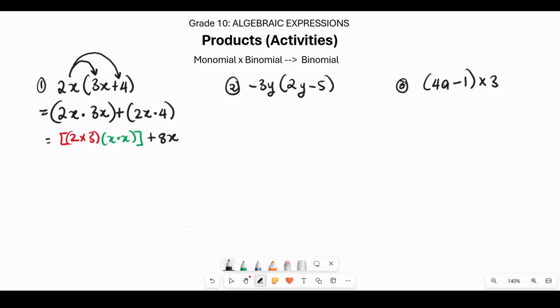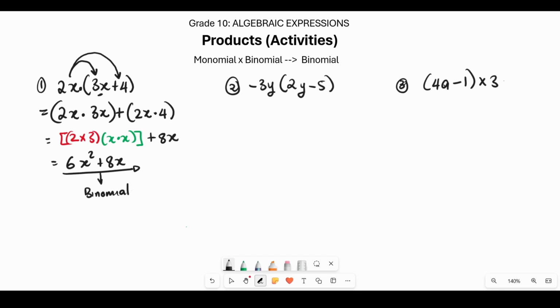The simplification of this was just to highlight the importance of that rule. It's going to be 6, then you have x squared plus 8x. So in this case, the result is going to be a binomial. But check, the whole thing happening here in question 1, the original expression, is a product of a monomial and a binomial.